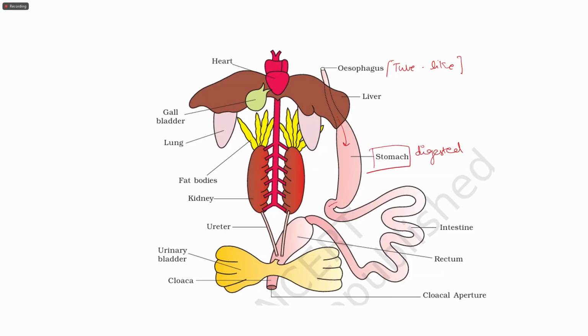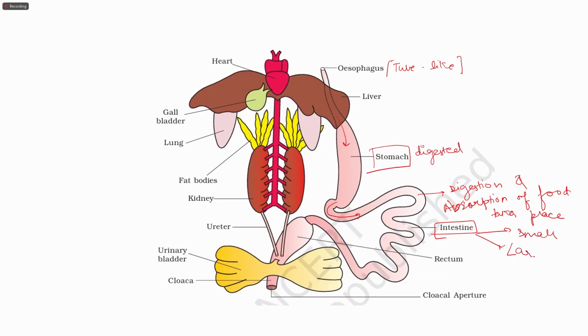Then the digested food passes through the intestine, where further digestion and assimilation, absorption of food takes place. The intestine is of two types, small intestine and large intestine.